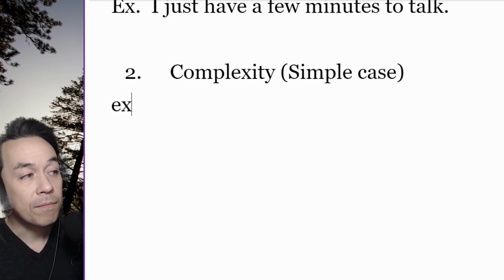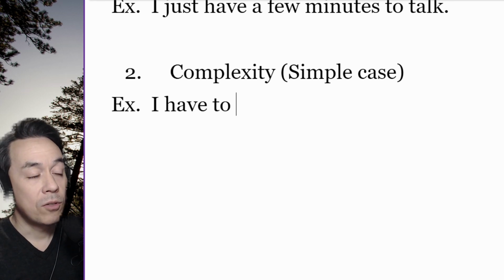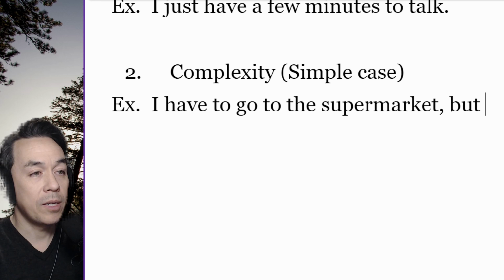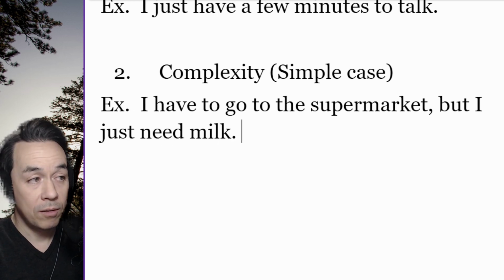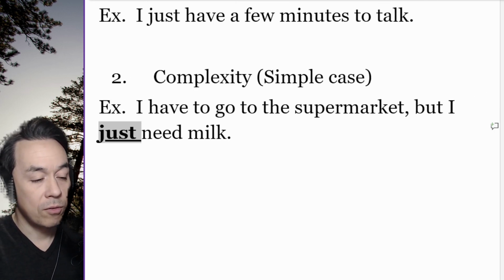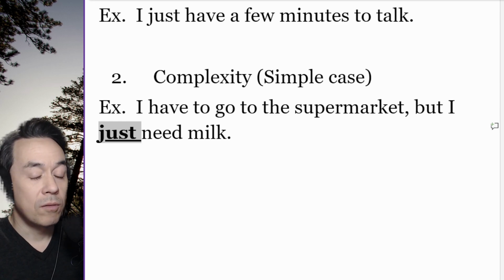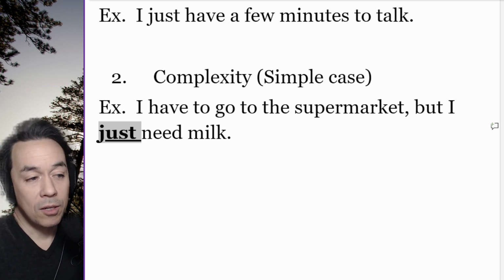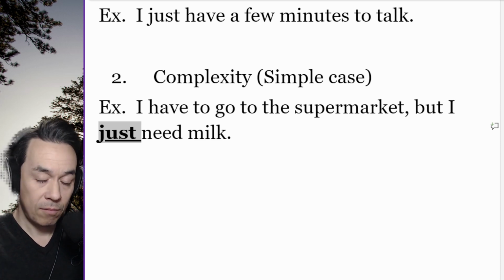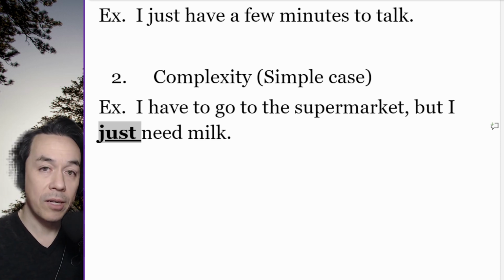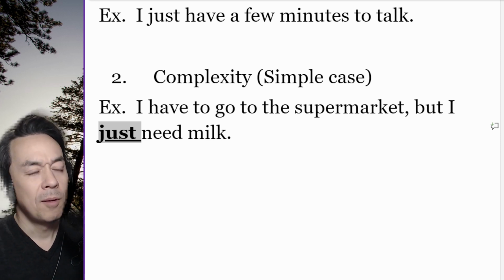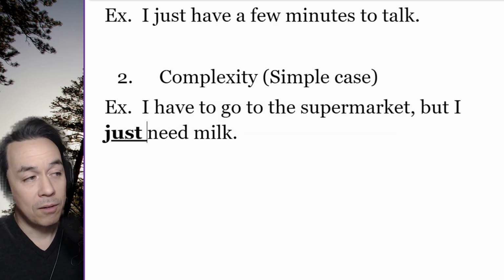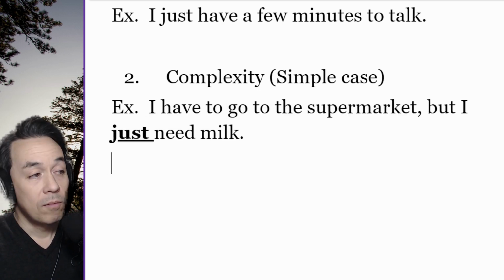For example, I have to go to the supermarket, but I just need milk. Usually you go to the supermarket, you want to buy many things, take it all home, and then I don't want to go again for a long time. But in this case, it's a special case. I just need milk.